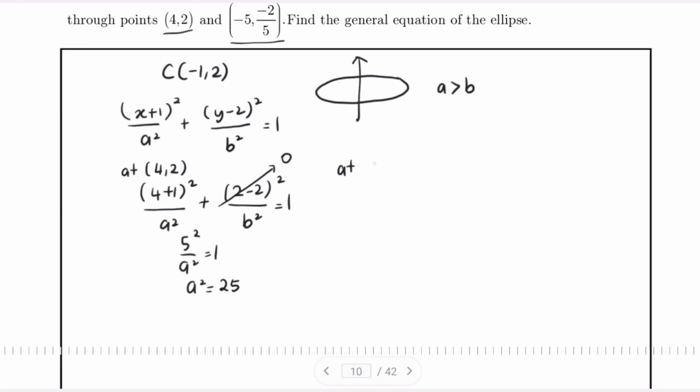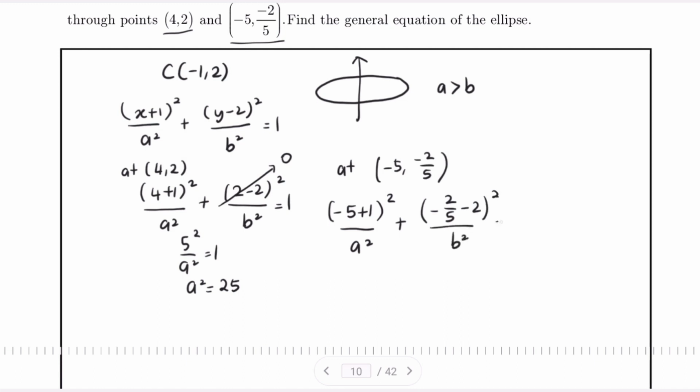Let's use another coordinate, which is (negative 5, negative 2 over 5). So it's going to be (negative 5 plus 1) squared over A squared plus (negative 2 over 5 minus 2) squared over B squared equals 1.